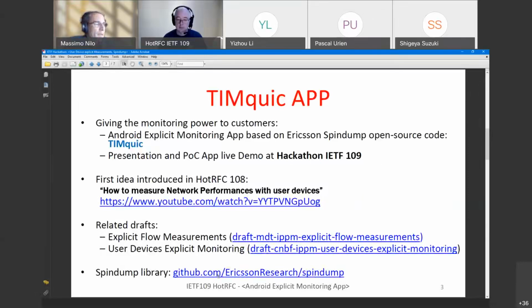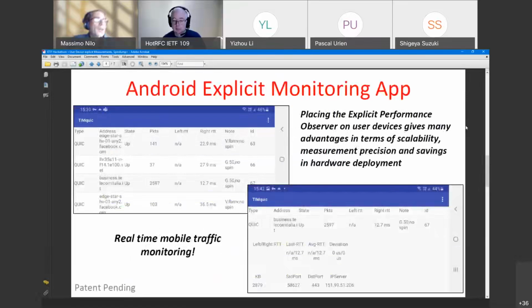Here is the link to the project library on GitHub, and here are some screenshots of the application. The idea is to place the explicit performance server on the user devices, which gives many advantages, for example in terms of scalability, measurement precision, and savings in hardware deployment for the probes.